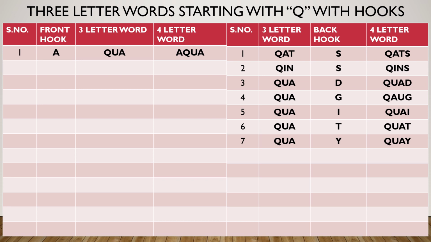And QUA has four back hooks, that means it accepts four letters as back hooks: D, G, I, T, and Y, making the words QUAD, QUAG, QUAI, QUAT, and QUAY.